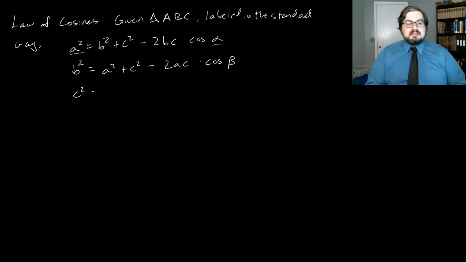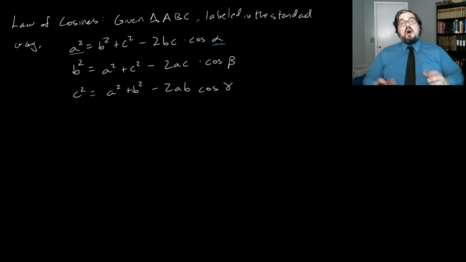And we have that c squared is equal to a squared plus b squared minus 2ab times cosine of gamma. All three of these equations are the law of cosines, and we can use it to relate any of the angles with their opposite sides and the two sides adjacent to the angle.